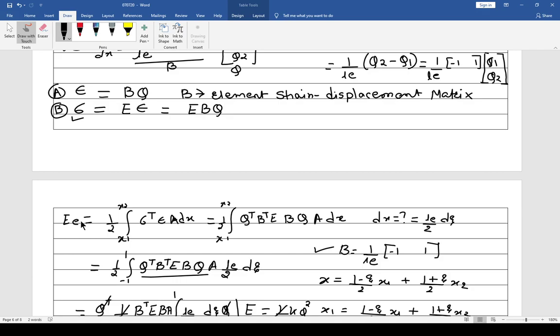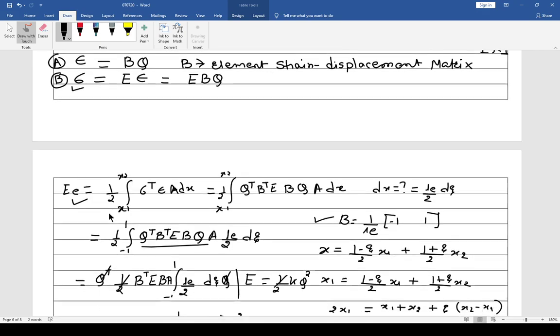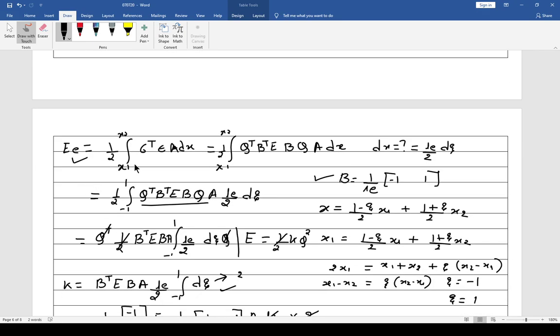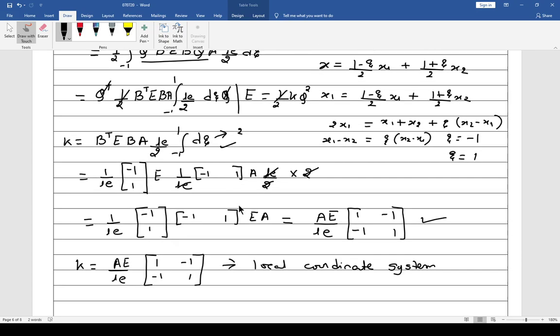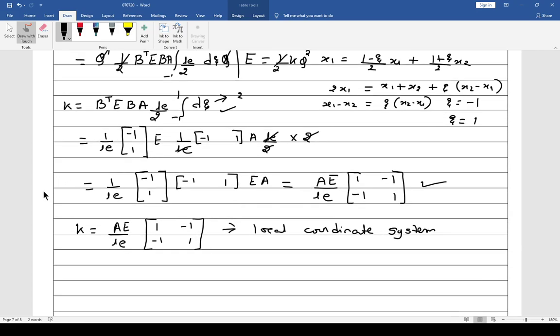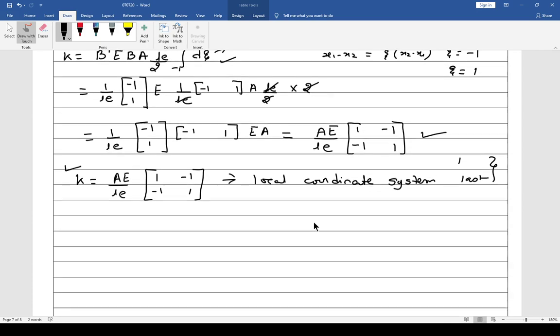Once we know sigma, we use this energy equation, and in this energy equation I replace all the parameters, sigma and strain epsilon, form this equation, solve it, and finally reach this K. So this is the common procedure from chapter 1 to the last chapter. Absolutely no change.